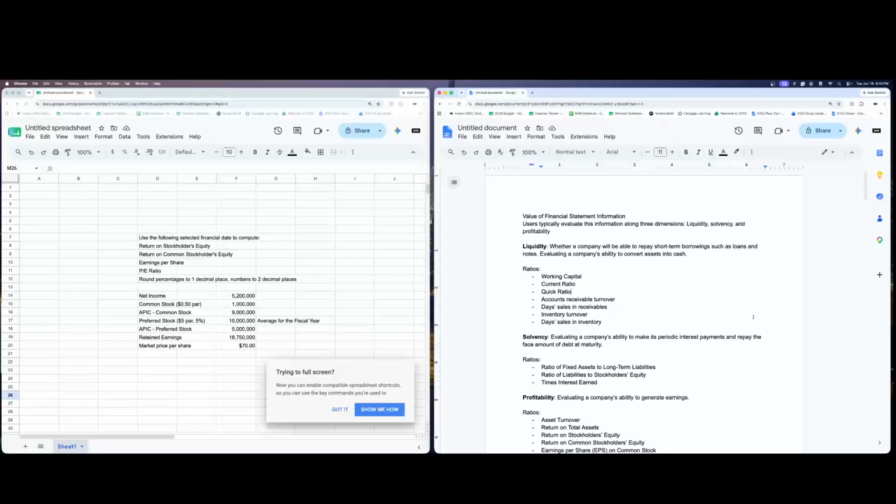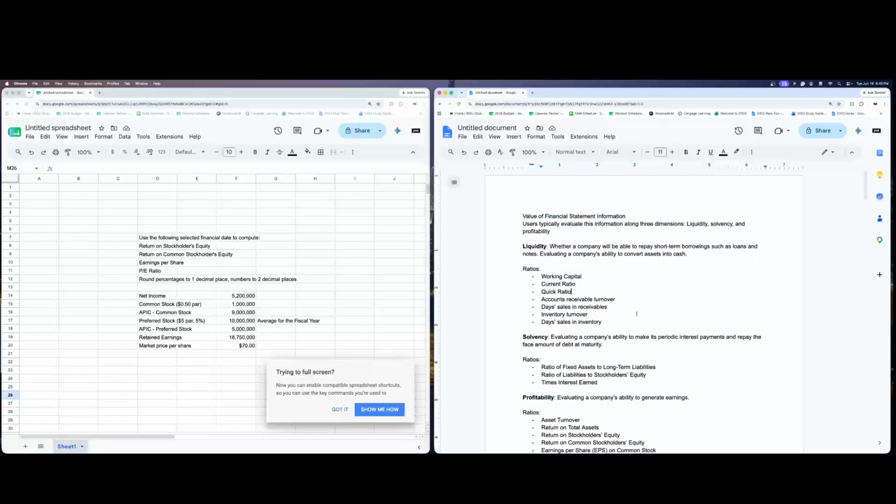But now, besides it being used for things such as a 10K or a 10Q, one of the things it can be used for is ratios, to do more analysis between companies. Comparing companies based off of their ratios, for example, is one thing you can do.